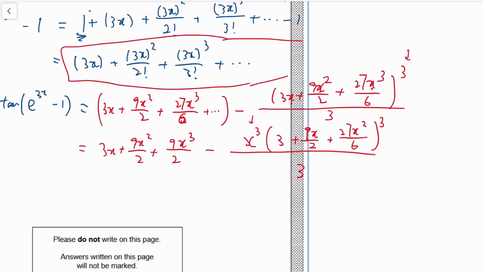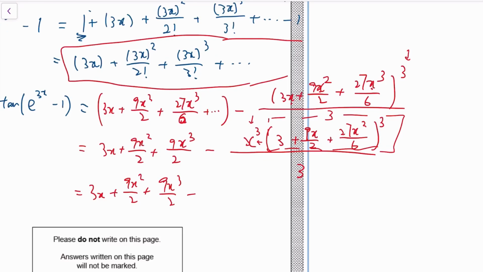That means for this expansion, we're only looking for the constant term. You can only afford to multiply a constant to x cubed, because if you multiply any x to it, the power would go to at least 4, and we don't care about anything of power at least 4.